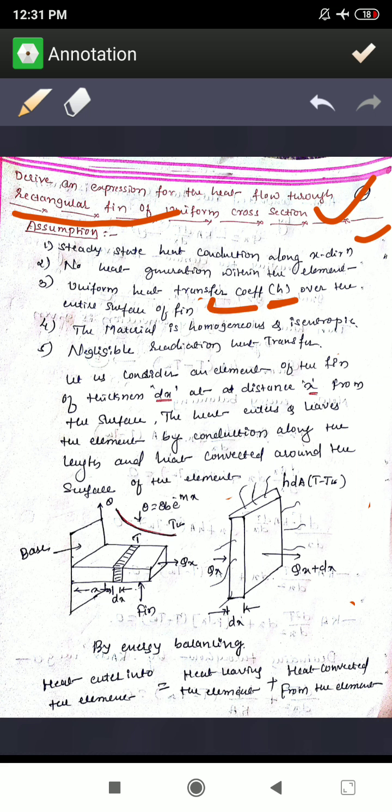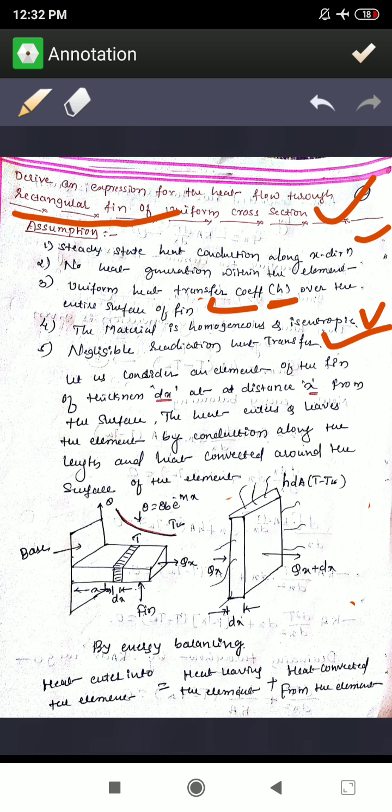The fourth assumption is that the material is homogeneous and isotropic. Whatever the extended surface or fin material is, it is made of a single material. It is a homogeneous material. The last assumption is negligible radiation heat transfer.